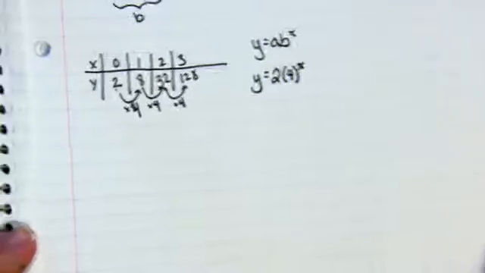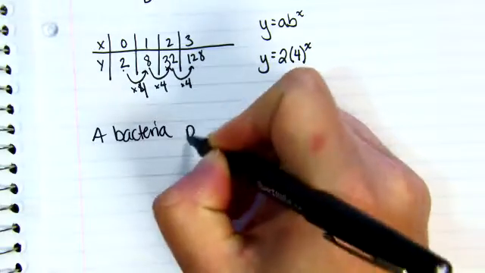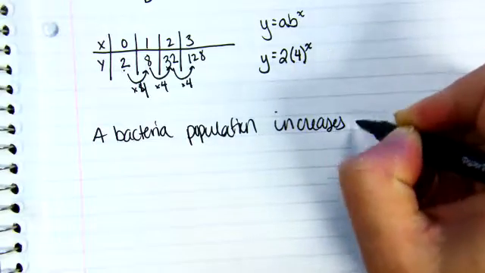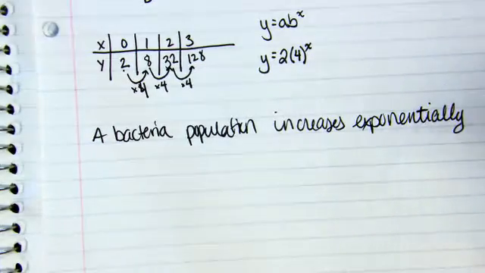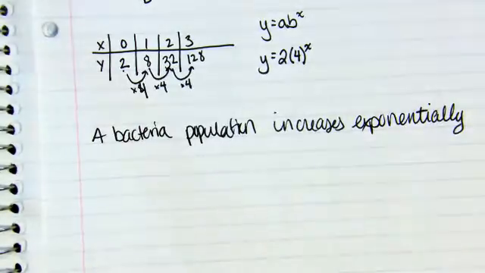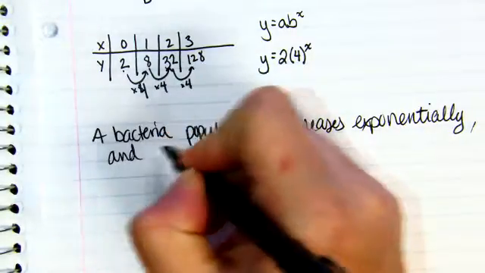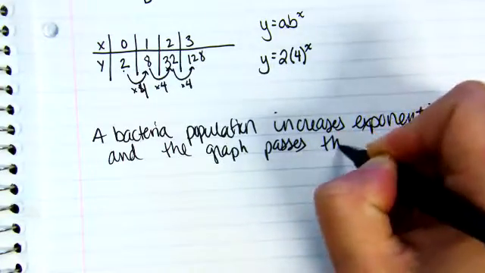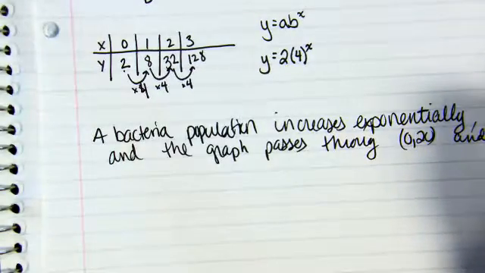I can do the same thing when I'm given a situation. If we say a bacteria population increases exponentially, and let's say that it can be represented by an exponential function, and the graph passes through, how about the point (0, 20) and (1, 160).